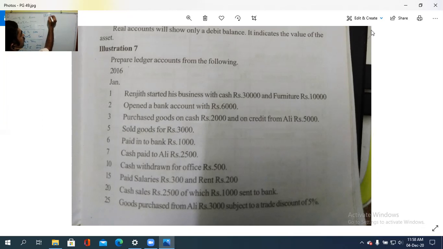So bank account debtor to cash 1,000. Okay. Then cash paid to Ali 2,500. So Ali debtor to cash, because who is getting the money? Ali. So Ali debtor to cash, that is 2,500.